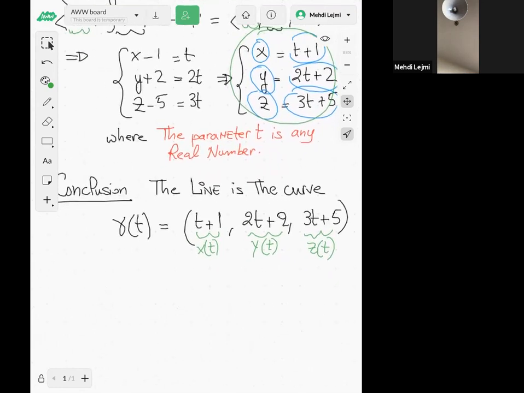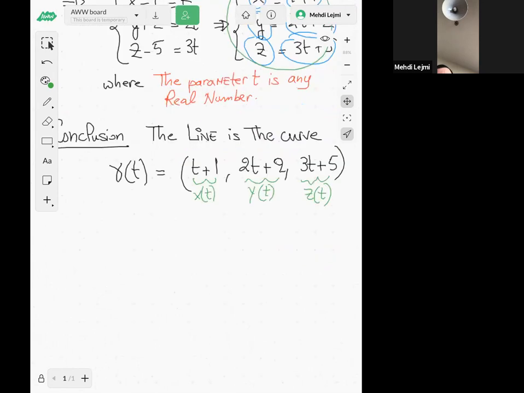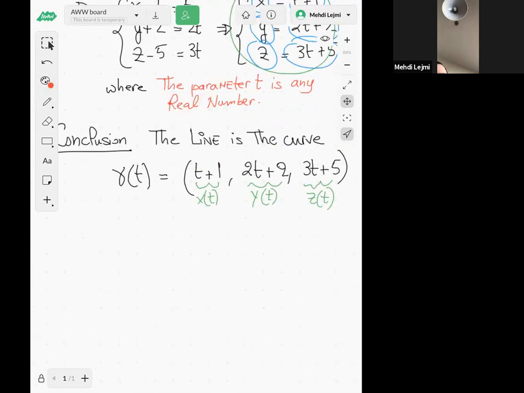Okay, so the next example is not a straight line. Example number 2. My next example is actually a helix.